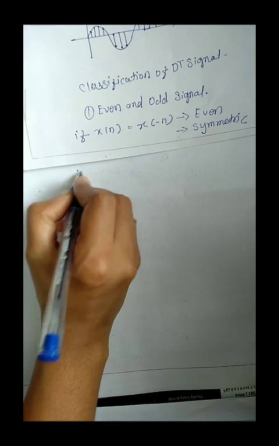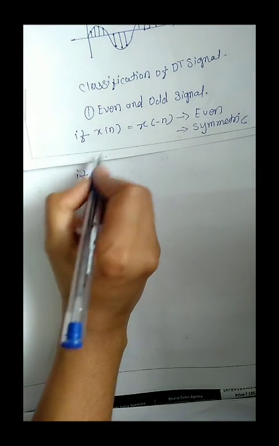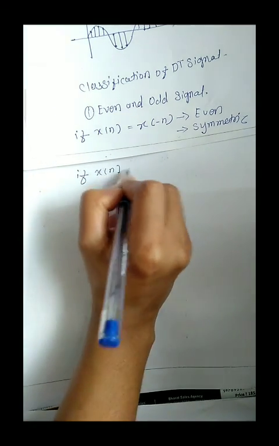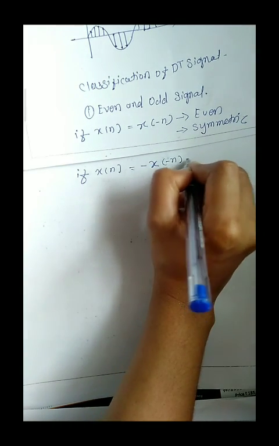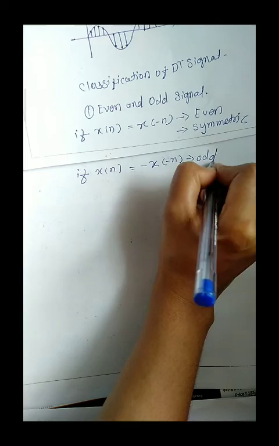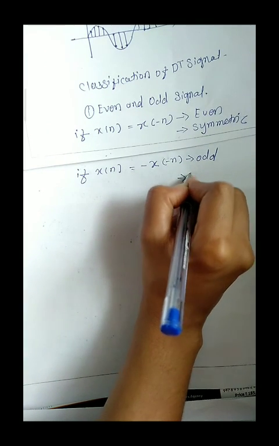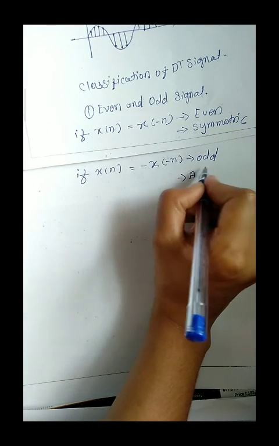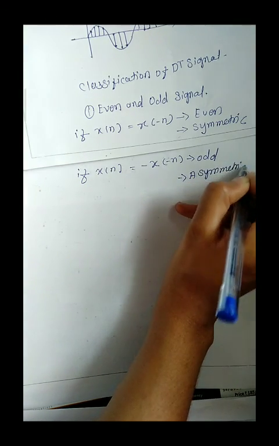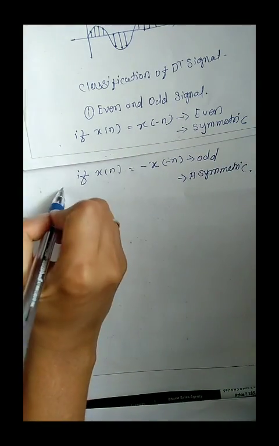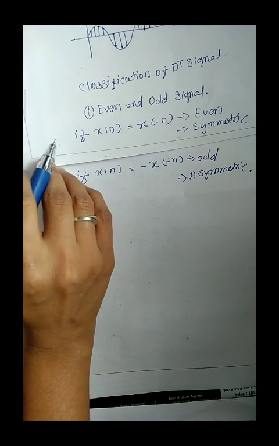Second, if x of n is equal to minus of x of minus n, the signal is odd or antisymmetric. These are the two conditions we have to remember.